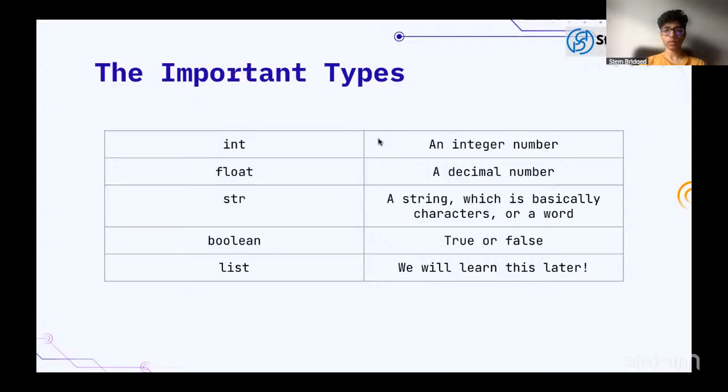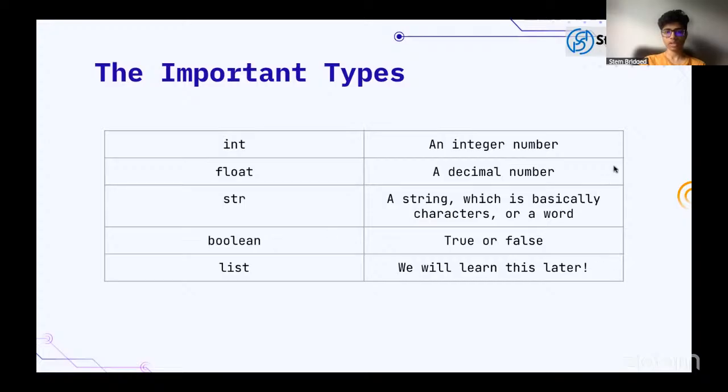So it could be 1.0, 2.0, or anything in between. Floats can also be negative. A string is basically text. So it's basically just a bunch of characters or a word. So like hello world, it's a string.